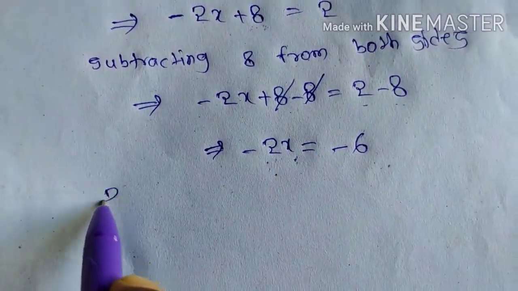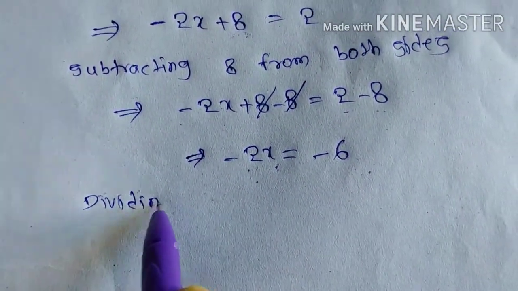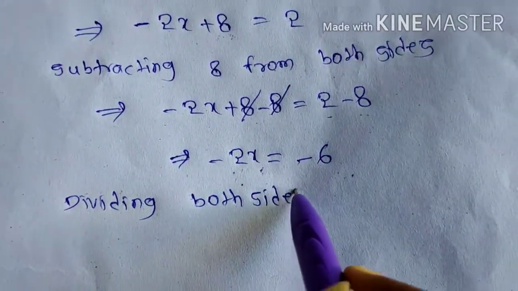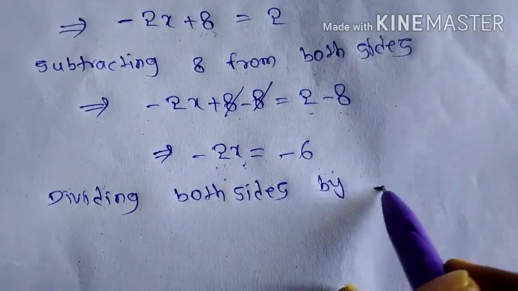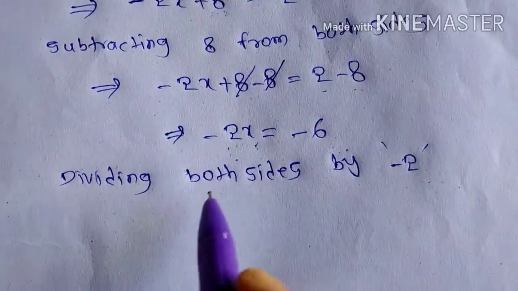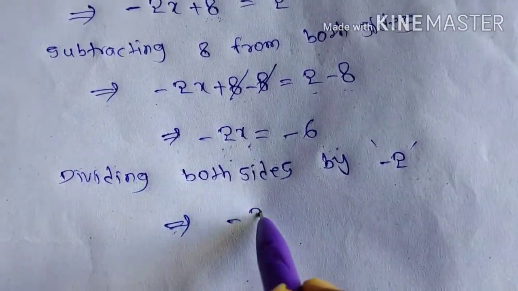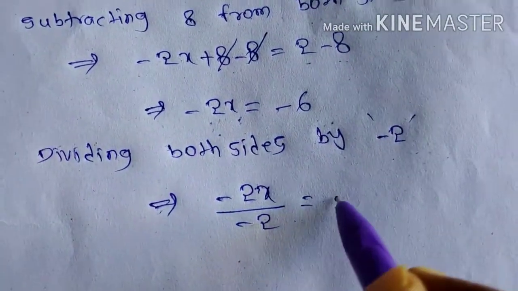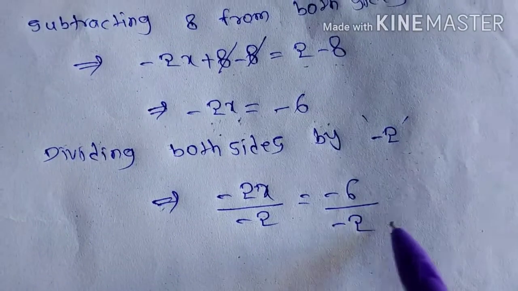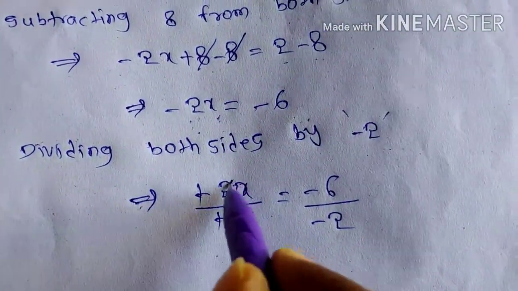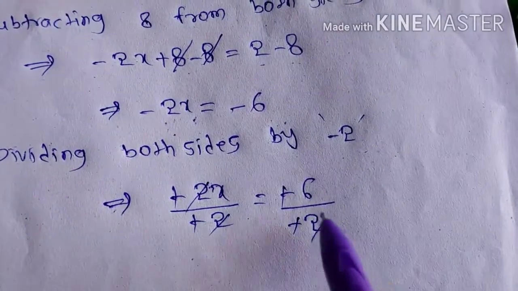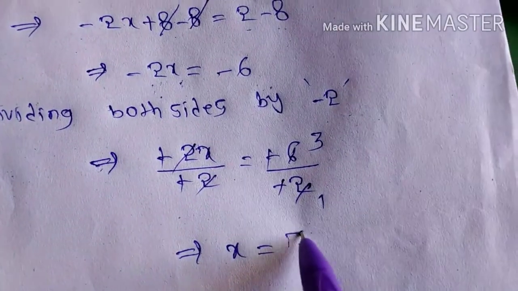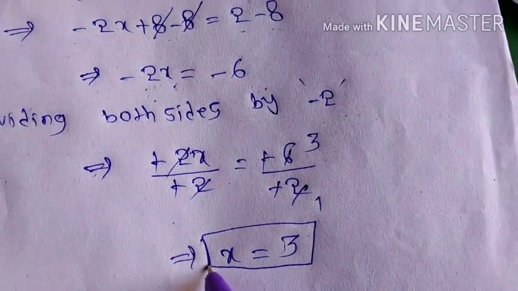Dividing both sides by minus 2, you get minus 2x by minus 2 is equal to minus 6 by minus 2. Minus minus cancel, and 2 times 3 is 6. That implies you will get x is equal to 3 by 1, which means 3 only. x is equal to 3 is your solution.